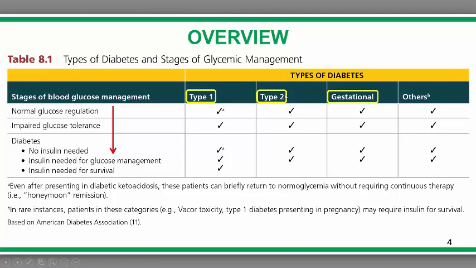So people afflicted with type 2 or gestational either do not require insulin or require some insulin to effectively manage their blood glucose levels. So we're going to end this first part of our Unit 4 lecture here with this general overview of diabetes mellitus.